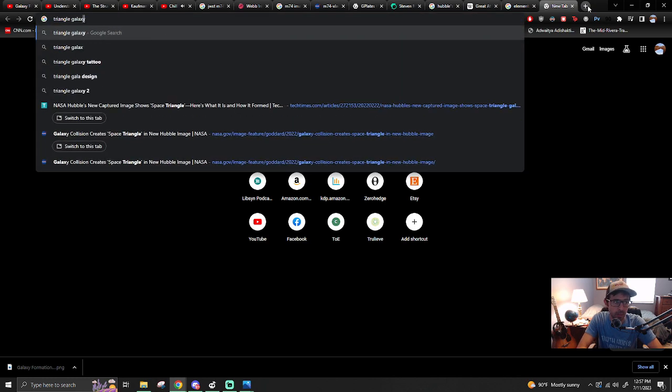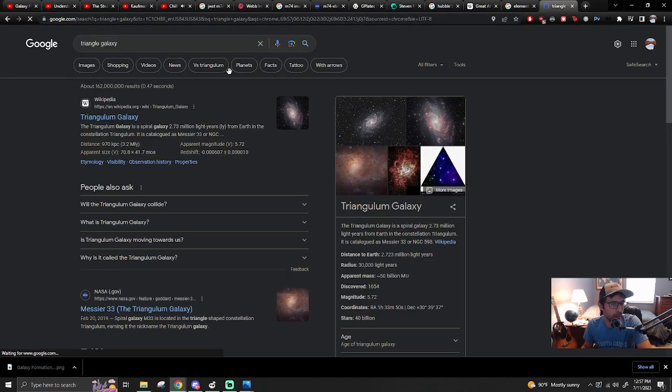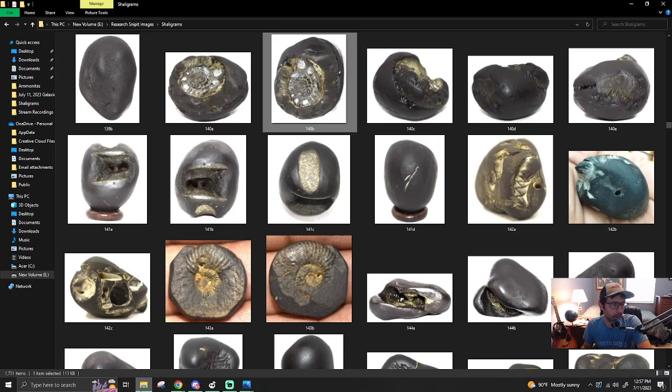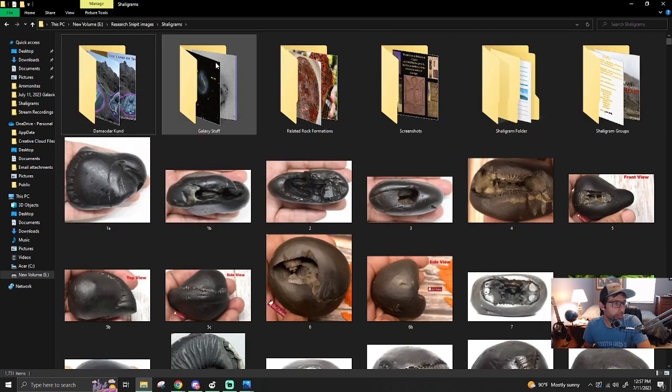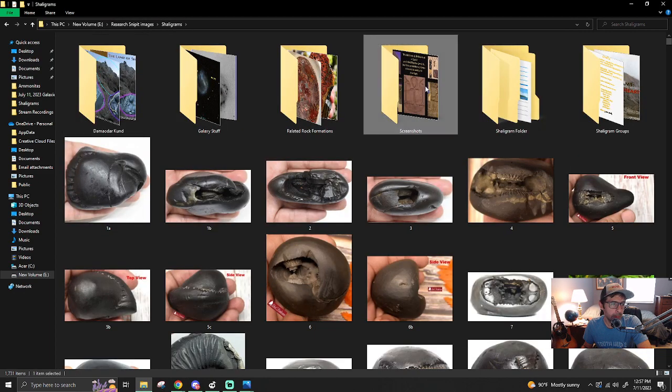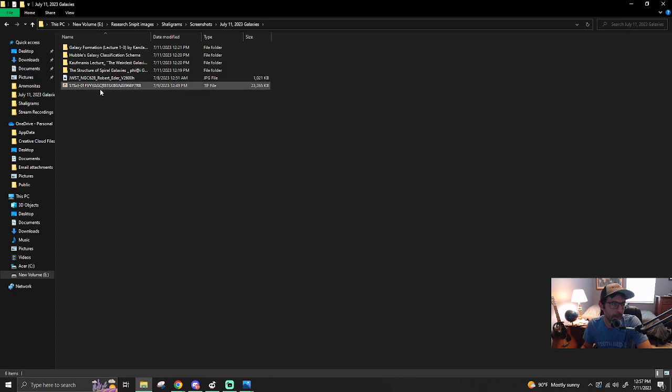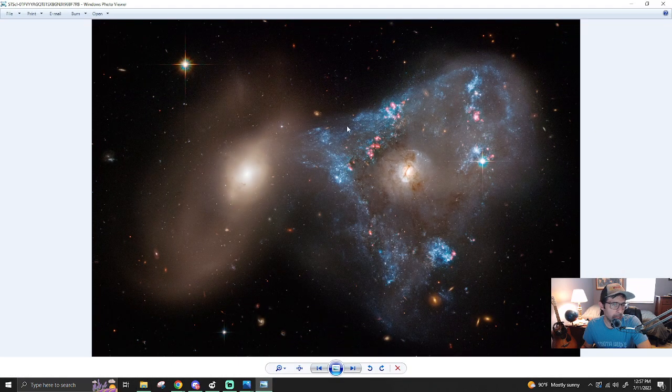Triangle Galaxy, maybe? No, I don't. One of the galaxies I saw recently, maybe it's one of these images. This one. This triangle.